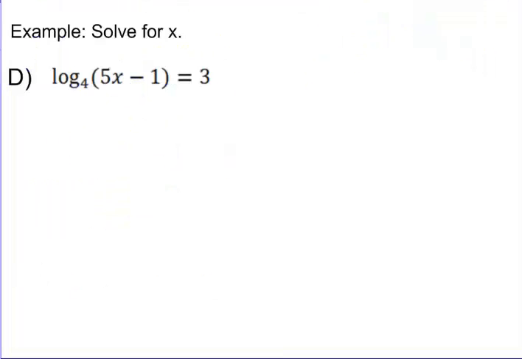Okay, now doing the logs. What's the inverse of a log? Exponential. So I have to use an exponential to try to get rid of this log. What's the base on the log? It's base 4. So I'm going to rewrite it as an exponential using the same base. So it's going to be 4 raised to the log base 4 of 5x minus 1 power equals 4 to the 3rd power.